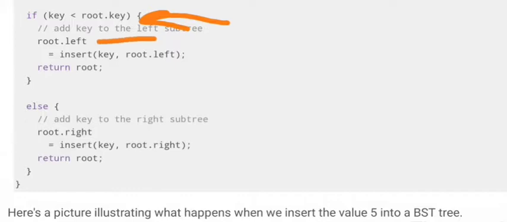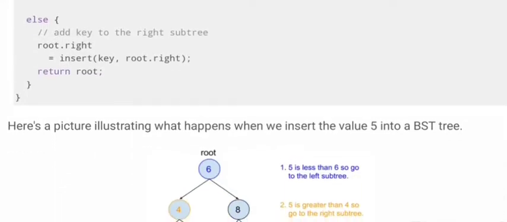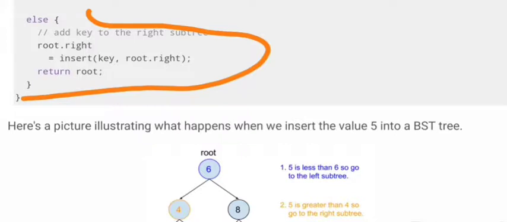So we call recursively and insert the key into the left side of the tree, and we return the result, which will point to the new root. However, if the key is bigger than the root key, then we move on and recursively add the node to the right subtree. That's it.